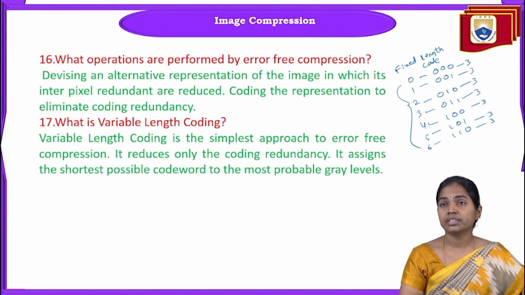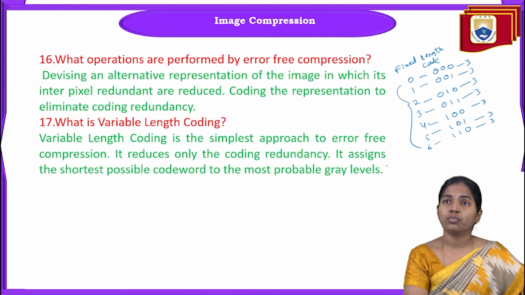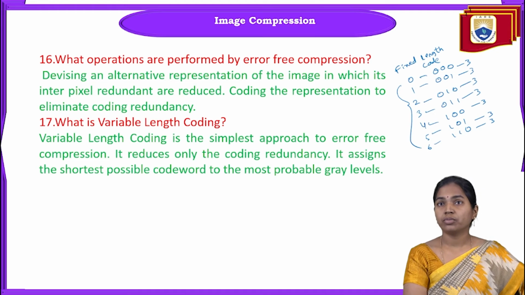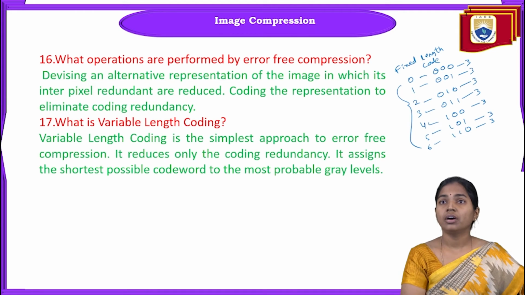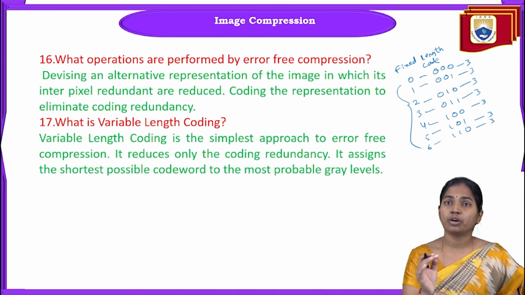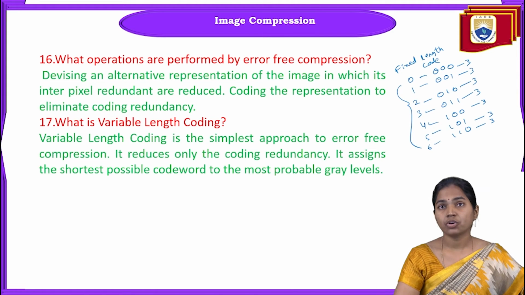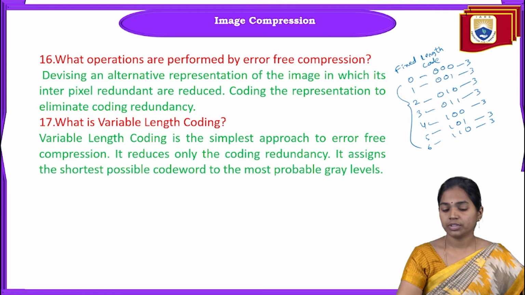When we go for a variable length code, we can use the Huffman code. In Huffman code, all the probability values are arranged in descending order and the two lowest probabilities are added. Based on that, find the code word and code word length of each symbol. It reduces only the coding redundancy and assigns the shortest possible code word to the most probable gray levels.